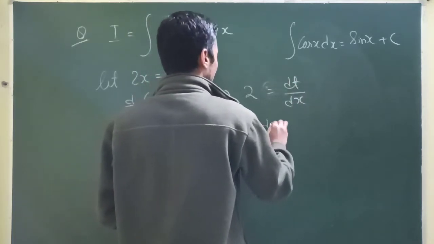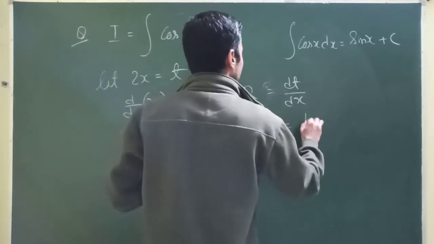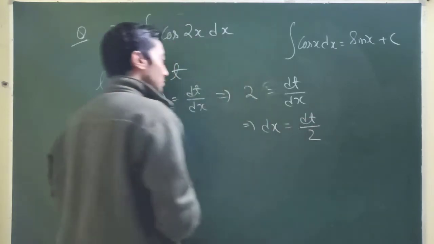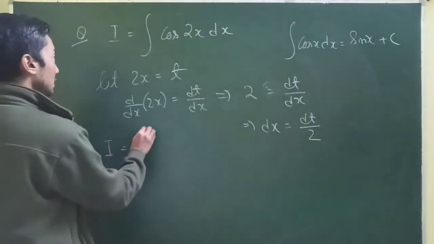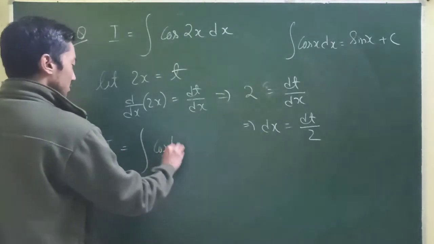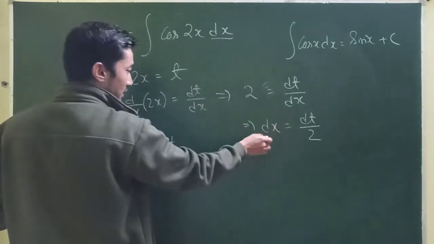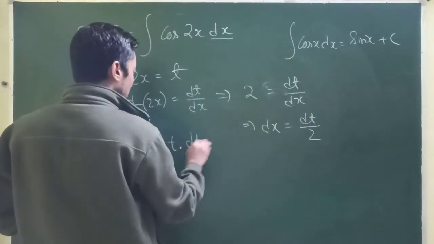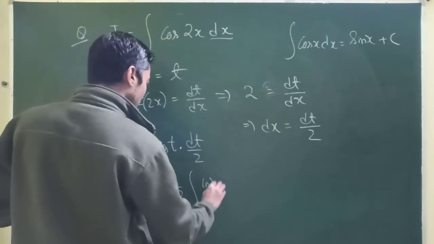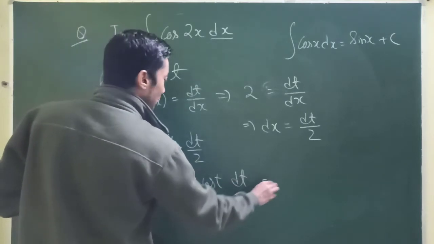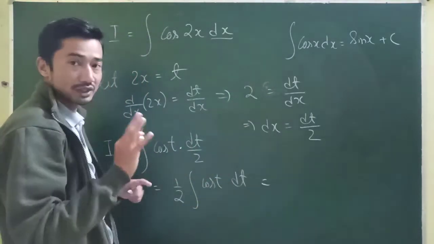So I have to replace dx. dx is equal to what? dt upon 2. Now I'll get back to my function, and that will be integration of cos t. Now dx is replaced by dt by 2. So that is 1 by 2 integration of cos t dt. That's the same as the formula, just the variable of integration is different.